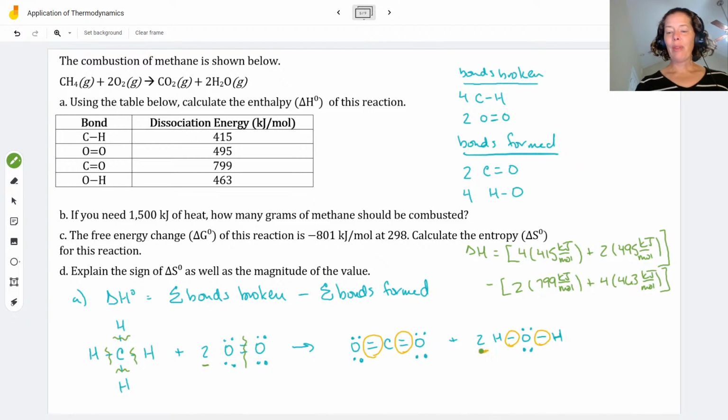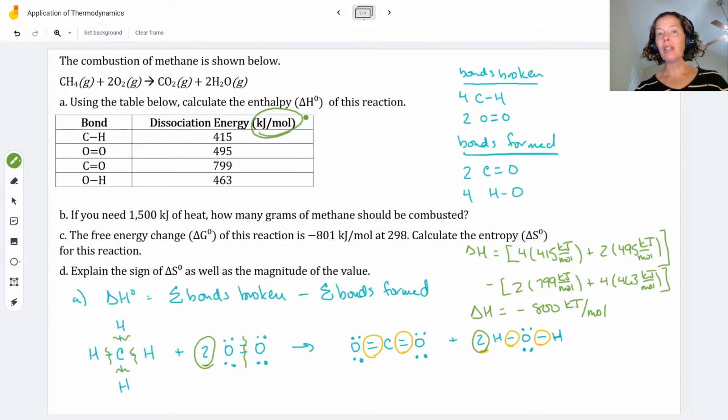And again, the most common thing I see is students forgetting to take these stoichiometric coefficients into account. All right, so at this point, again, I'm just plugging into my calculator, and that is going to give me my delta H. And for this reaction, that is negative 800 kilojoules per mole. Again, make sure you pay attention to your units. I get my units from my table right here, kilojoules per mole.